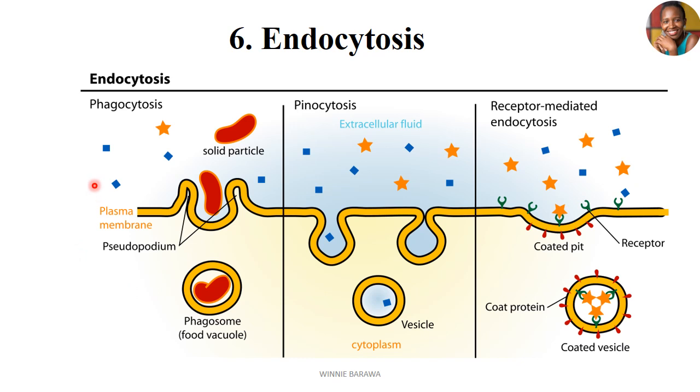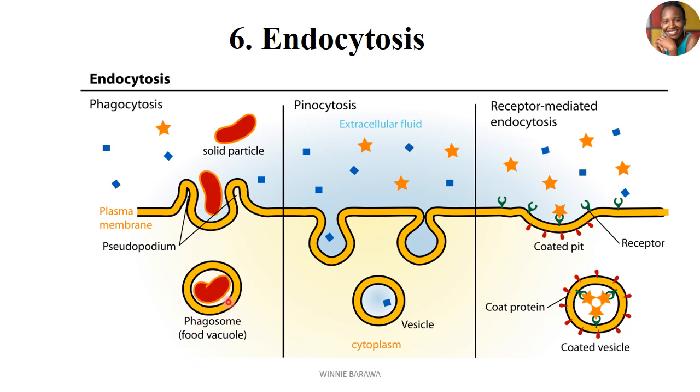So here is an outlook of endocytosis. It can happen in the format of phagocytosis, or it can happen in the format of pinocytosis. With phagocytosis, we are mainly focusing on engulfing materials for the purpose of destroying them. So we engulf a microorganism, for example, here, and we bring it in a vacuole.